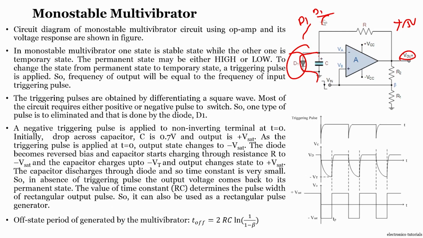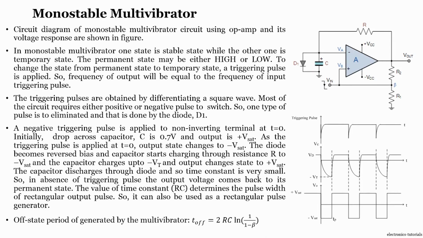Now, when the output is at positive, it will never go back to the negative signal, right. Why? The reason is, imagine that initially we are getting V out as plus VCC. So, let us consider V out is in the plus VCC state.